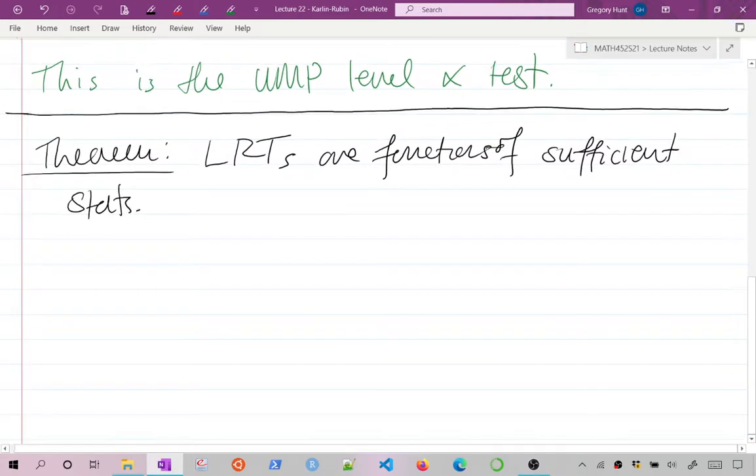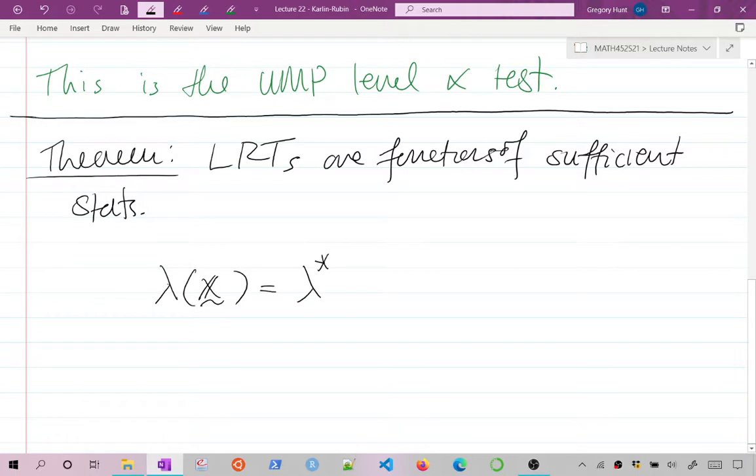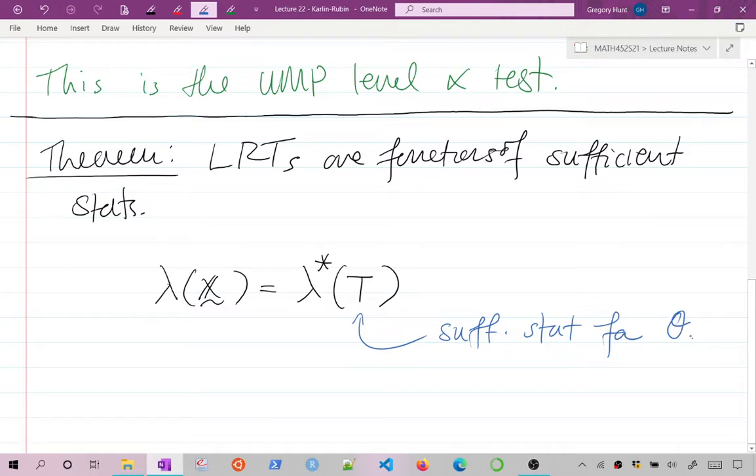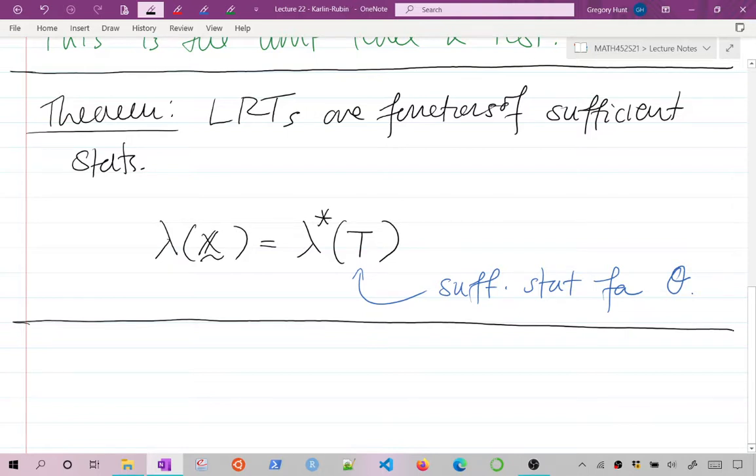And so that lambda, usually we write it as lambda of my sample, lambda of x, could be written as some other lambda star of T. And here, T is going to be my sufficient statistic for theta.